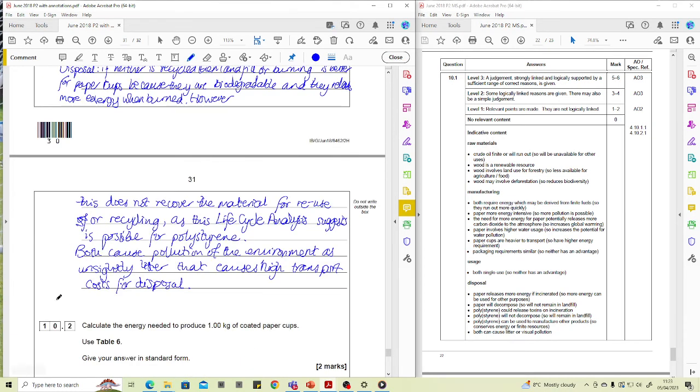Is it? No. So, overall, paper cups have better potential to be sustainable, so we've got to make a judgment. Sustainability if their disposal is to landfill for both.